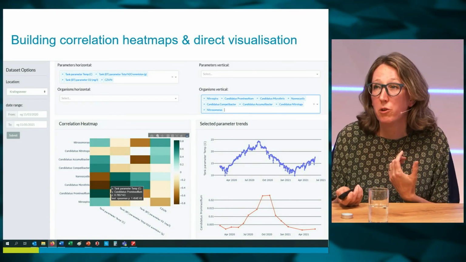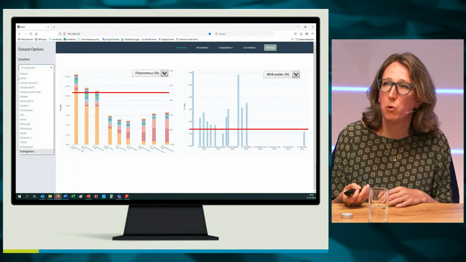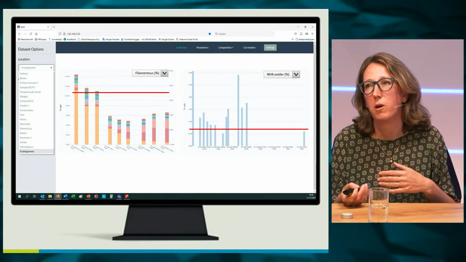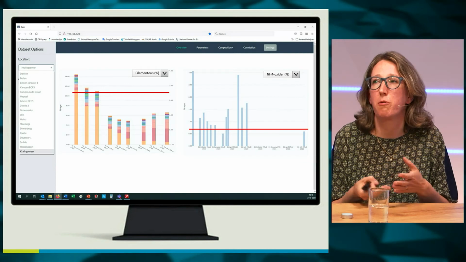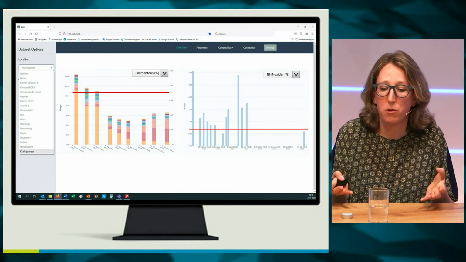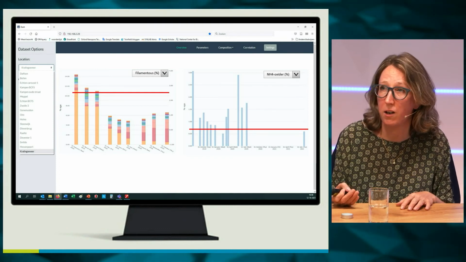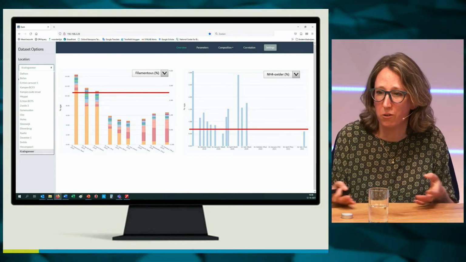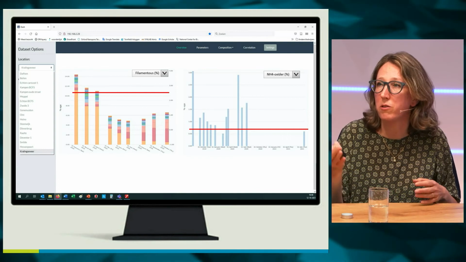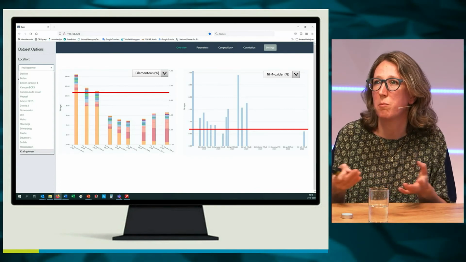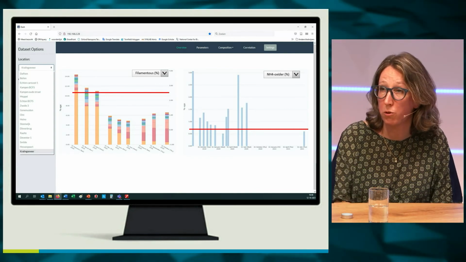And where we really want to go with this dashboard is eventually also for the operators to be able to make certain threshold values of parameters that are important for them to determine if their treatment plant is working correctly. So do you have enough nitrifiers for nitrification, or are these filamentous bacteria increasing so much that it might start to cause problems for your treatment plant?